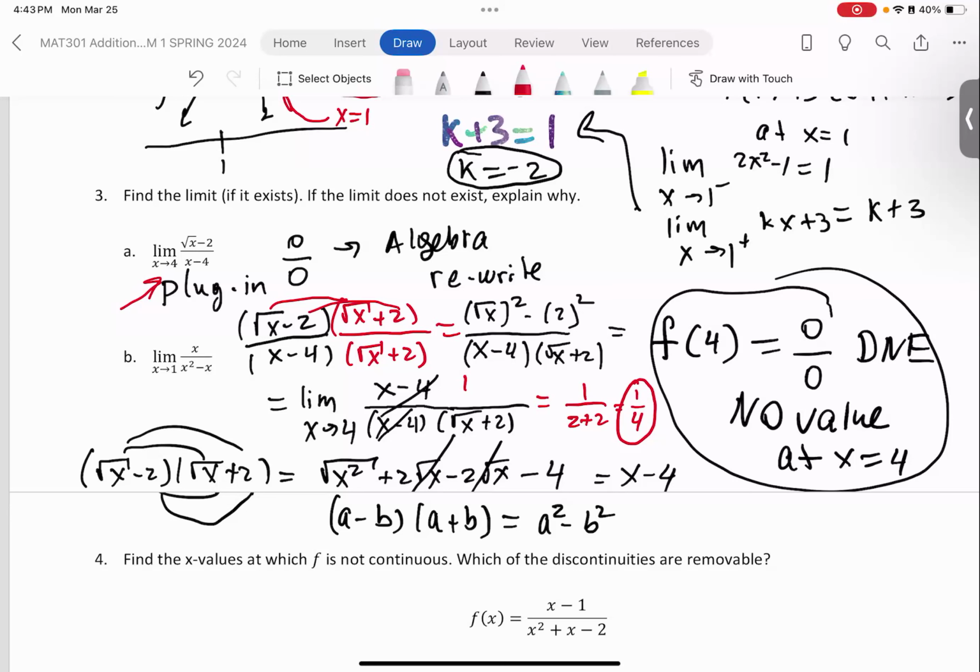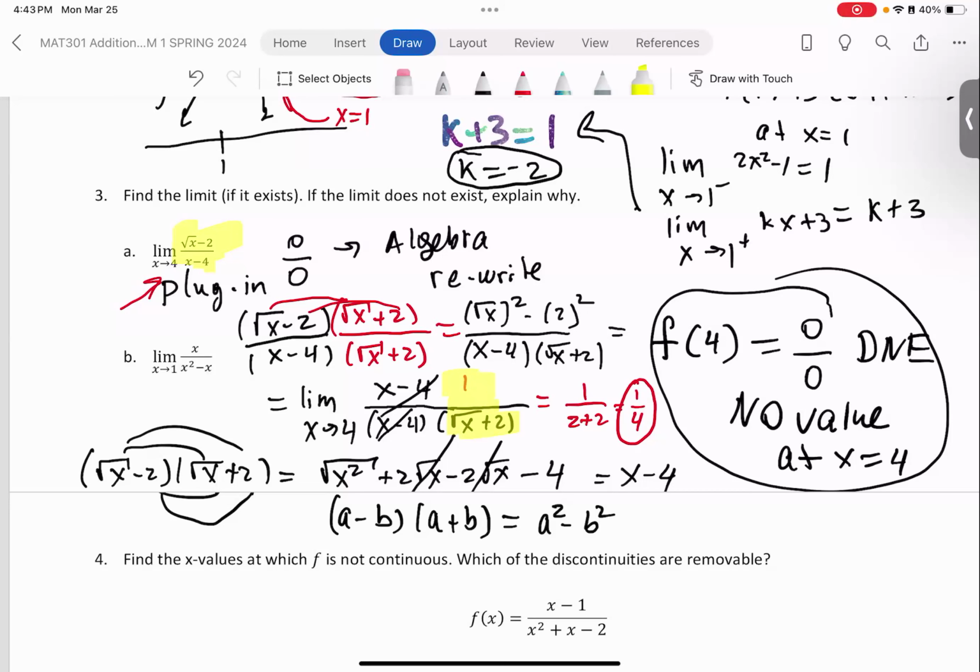Since I'm doing it on the screen, I can highlight this. This expression here and this expression right there are mathematically equivalent, with the exception at the value of 4.